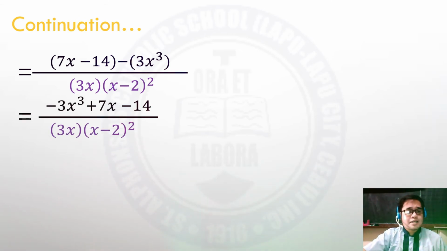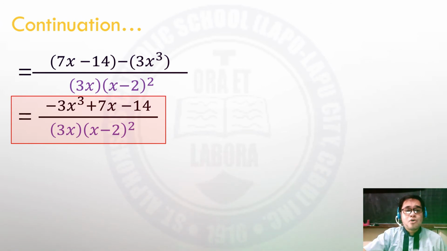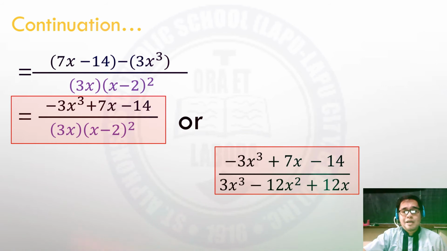So we have negative 3x cubed plus 7x minus 14 over 3x times x minus 2 squared. And this is our final answer. Or if you would like to eliminate the parentheses in our denominator, you can simply multiply x minus 2 by itself and then multiply the product of this to 3x, and you will be getting this answer.